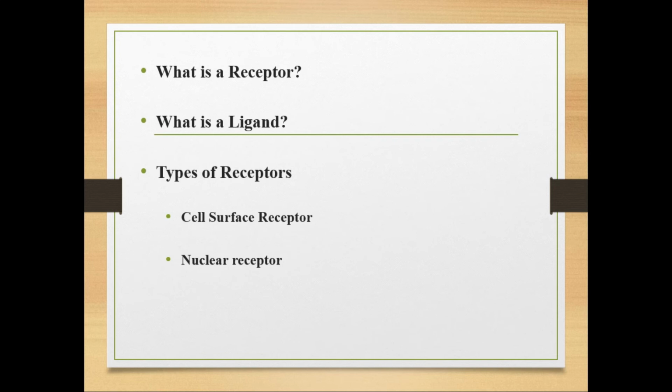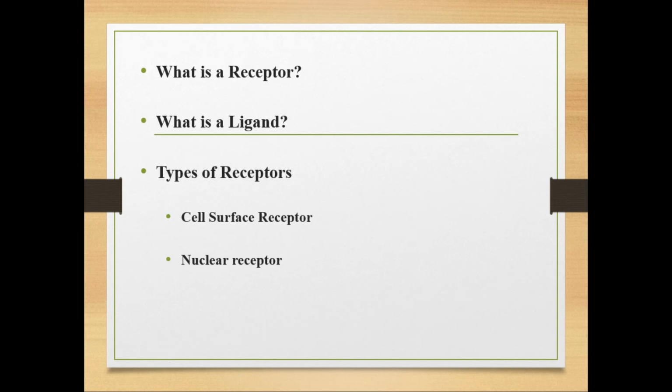If we talk about types of receptors, there are four types: cell surface receptors, similarly nuclear receptors. There are some enzyme linked receptors. Some of them are G protein coupled receptors. There are also some receptors known as ligand gated ion channels.